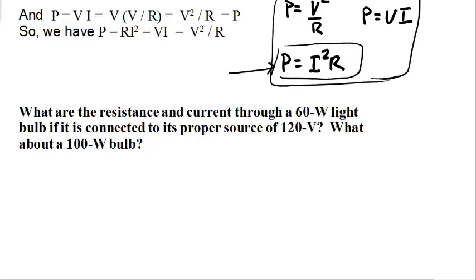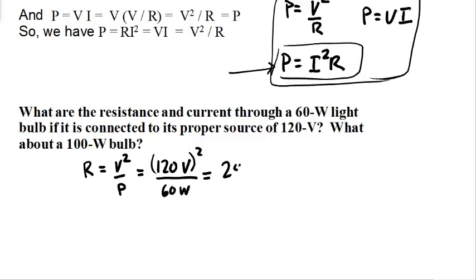So now we have an example here. What are the resistance and current through a 60-watt light bulb connected to its proper source of 120 volts, and how about a 100-watt light bulb? We start with resistance. It's going to be V squared over P, and so that's going to be 120 volts squared over 60 watts.